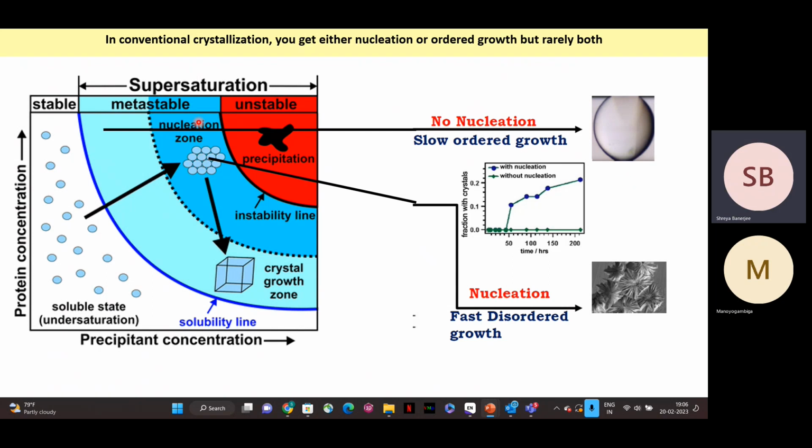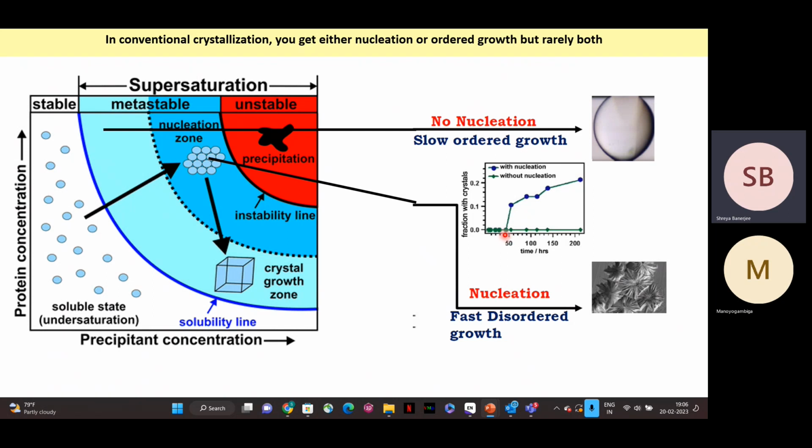However, if the crystallization is occurring in this dark blue region, which is the nucleation zone, the crystallization is very fast because from a nucleus, the crystals automatically propagate very fast. Due to the fast growth of the crystal, very disordered crystals are formed. So if you look at the time, this blue line is the one with nucleation.